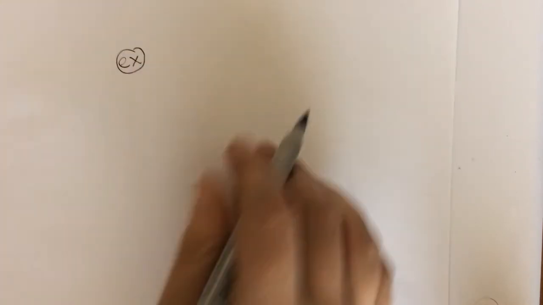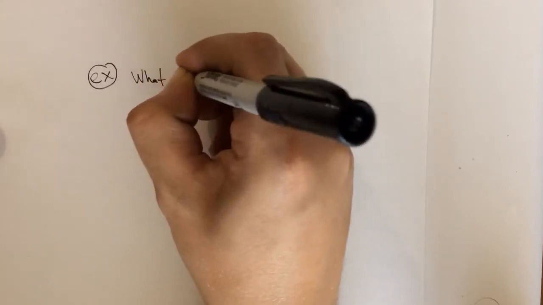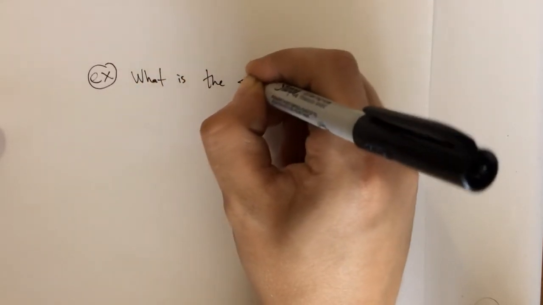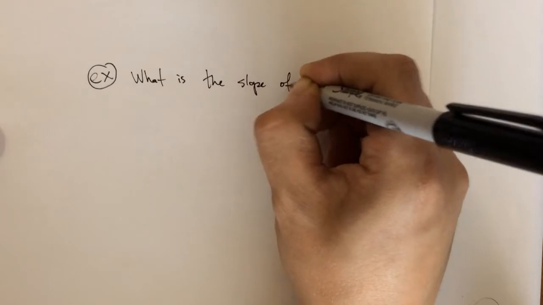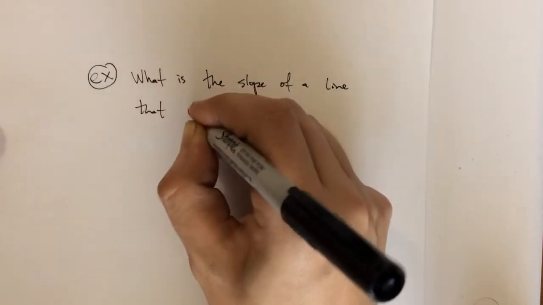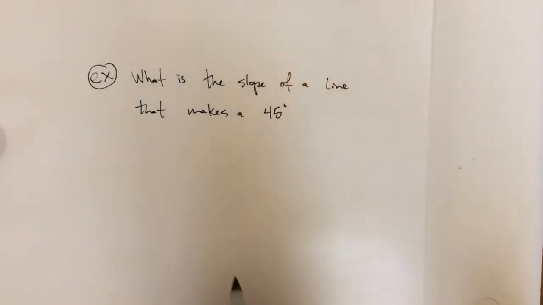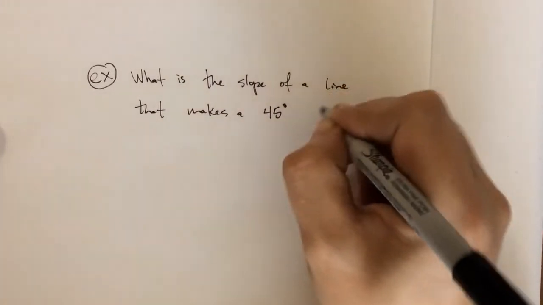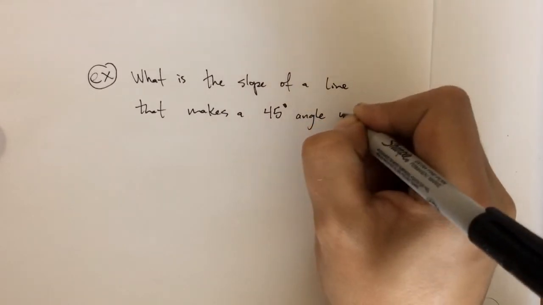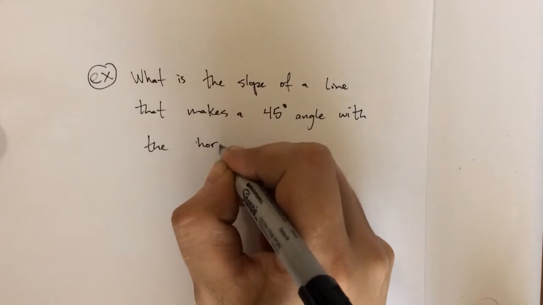All right, so I want to ask the question. Here's a question. What is the slope of a line that makes a 45-degree angle with the horizontal axis?